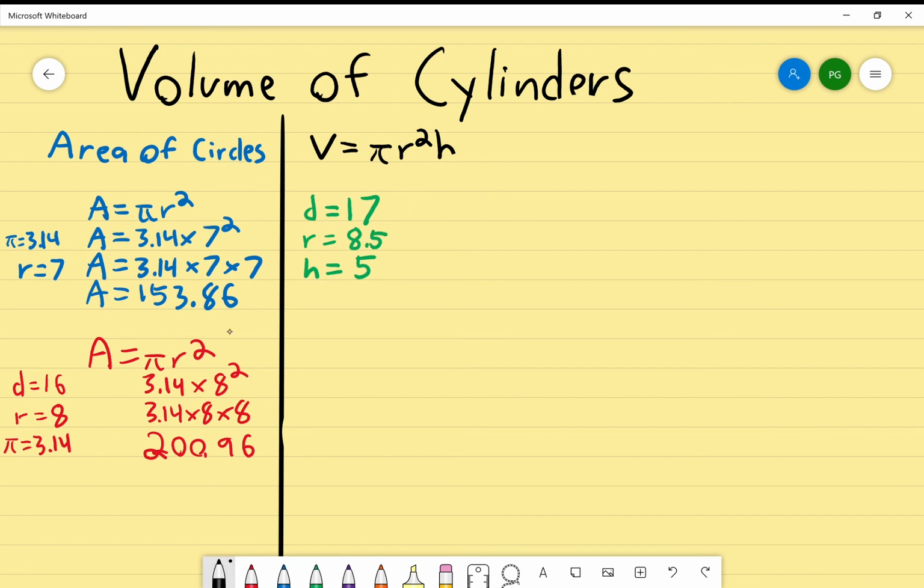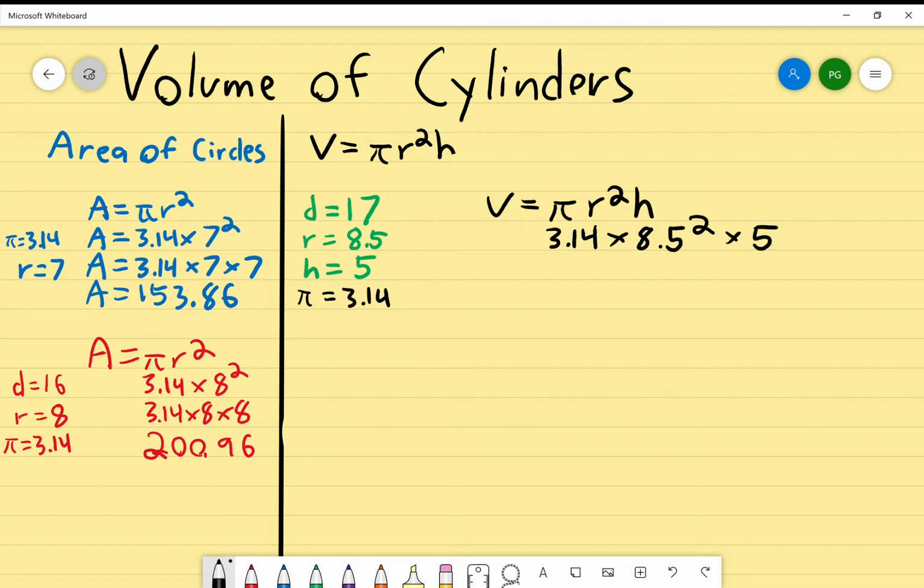First, let's rewrite the formula. Volume equals pi r squared times height. Let's plug things in. Pi is 3.14, always. Pi is 3.14 times r, 8.5 squared, times height, which is 5. Now remember, this is not 8.5 times 2. No, it's 8.5 times 8.5.